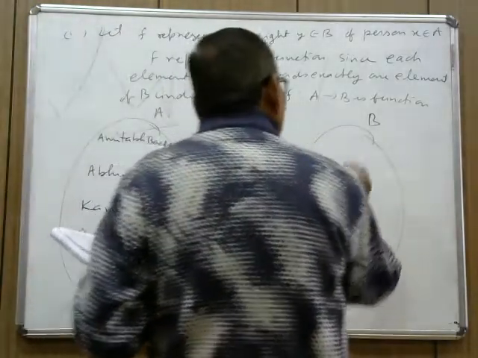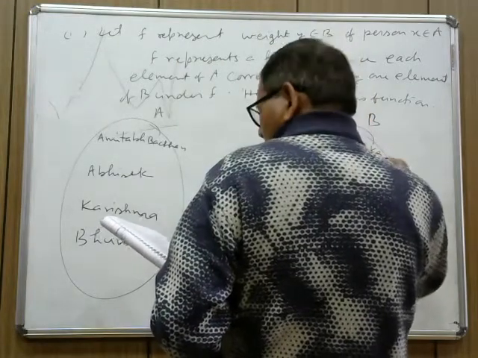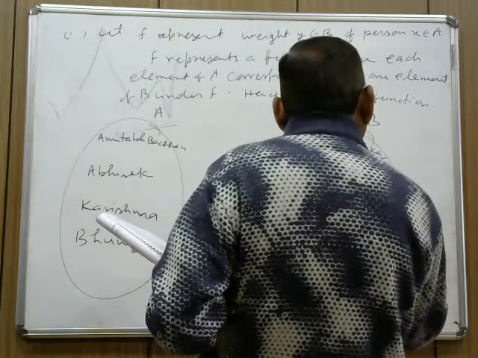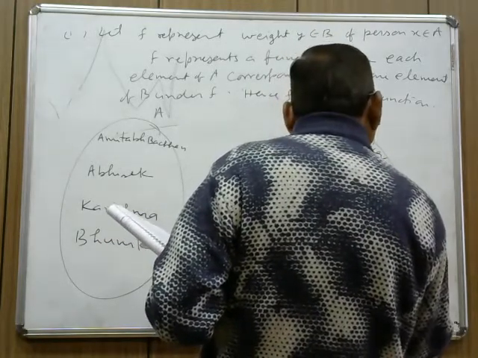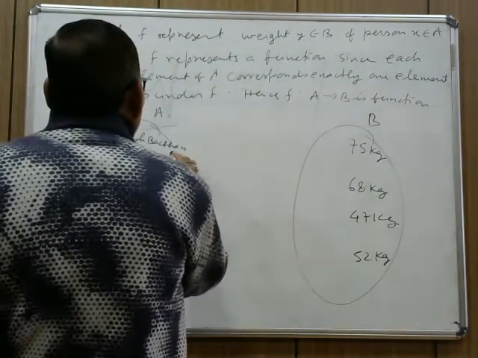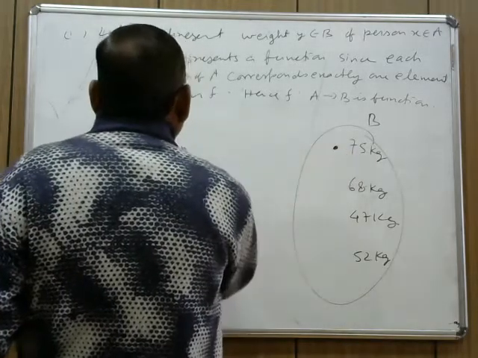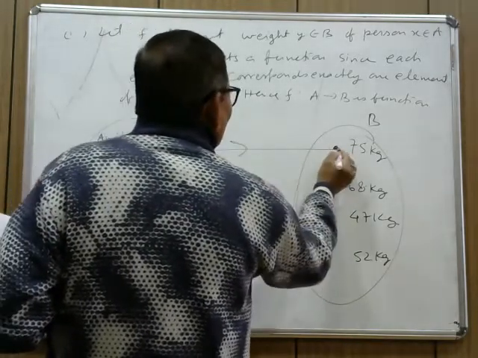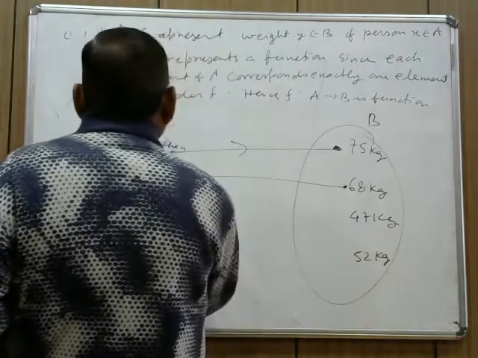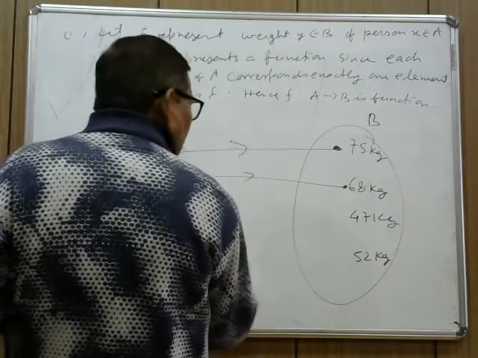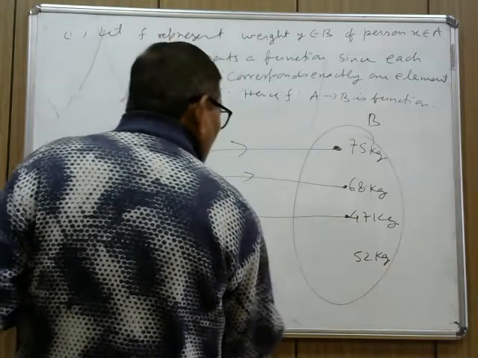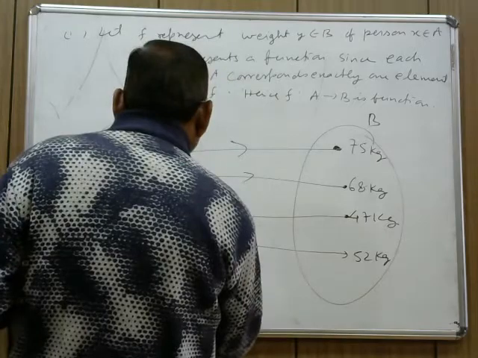And here their weights 75 kg, 68 kg, 47 kg and 52 kg, which I have given in this line. This is Amitabh Bachchan, his weight is 75 kg, you join them. Abhishek 68 kg, you join them. Karishma 47 kg, here you join them. Bhumika 52 kg.